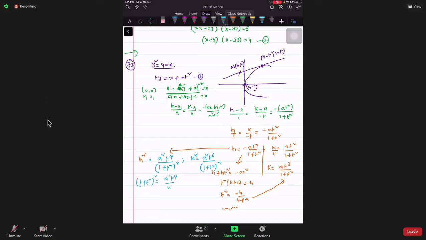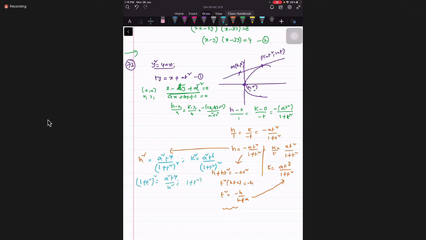You have to see, locus questions mean after applying the condition, we need to eliminate the parameter here. What is the parameter? The parameter is t. a is fixed here, for the parabola. Only t we have to eliminate. If we equate these two, a square t power 4 by h square equals a square t power 6 by k square. a square also gets cancelled.